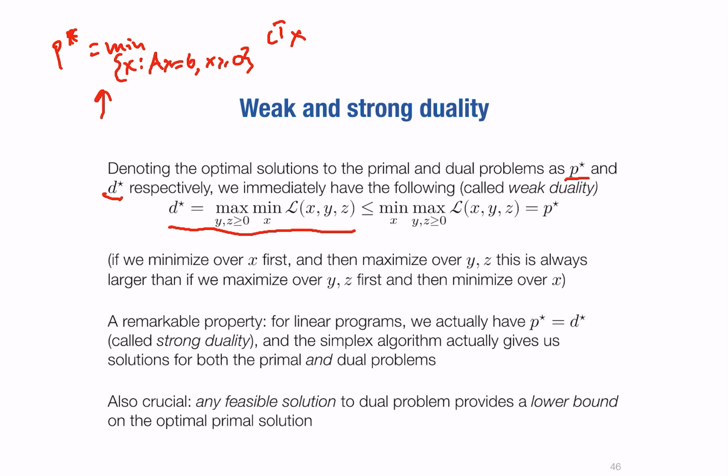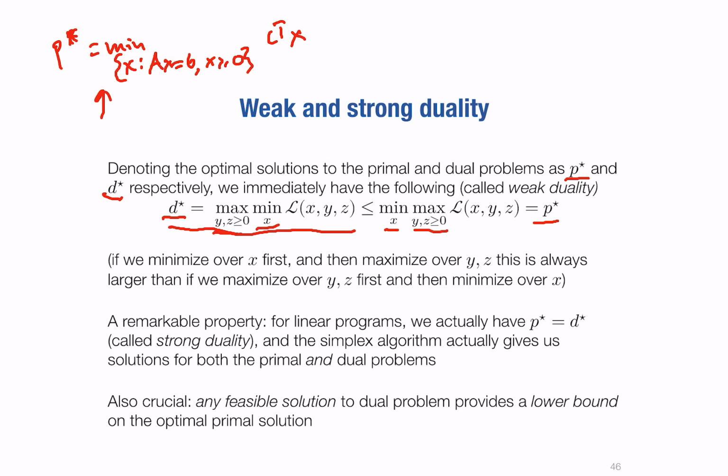Now we immediately have a really nice property, which is that d star is less than or equal to P star. This follows from very basic logic. If we minimize over x first and then maximize over y, this is always larger than maximizing over y first and then minimizing over x.